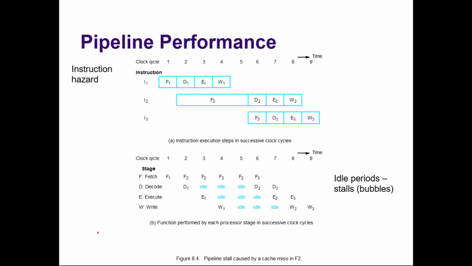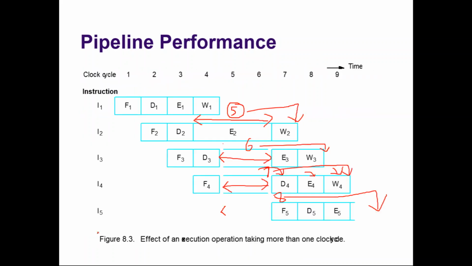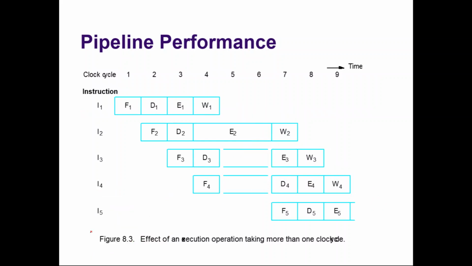So let us see the previous case that we have discussed. This hazard is a data hazard. Why do we call it a data hazard? First of all, what is a hazard? If the pipeline is stalled due to some reason, then that is called a hazard. Why is this pipeline stalled?